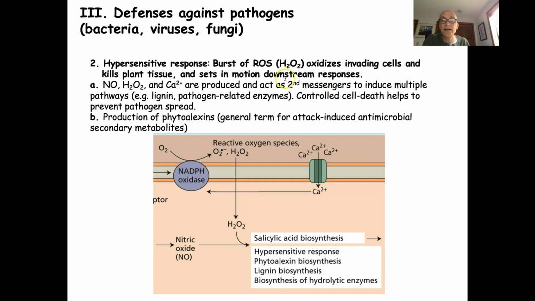But as it's doing that, H2O2, you already know, is also not good for the plant itself. So in that process, it kills plant tissue as well. It kills some of its own plant tissue. That has two effects. One, it sets in motion downstream responses, and I'll talk about those in a second. But it also helps by leaving, it's just like scorched earth, right?